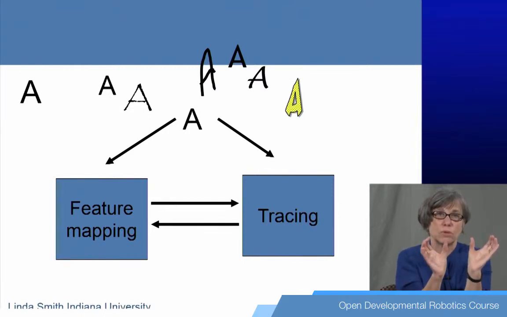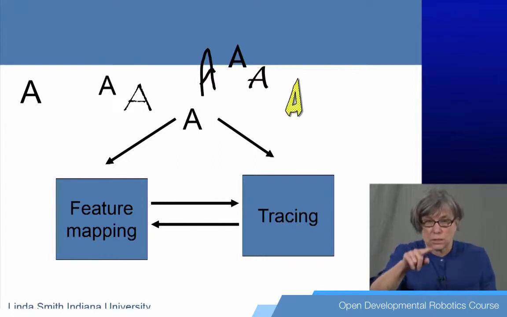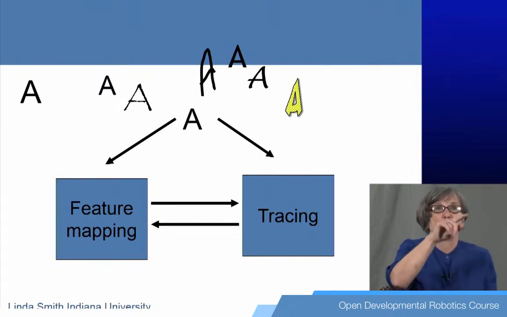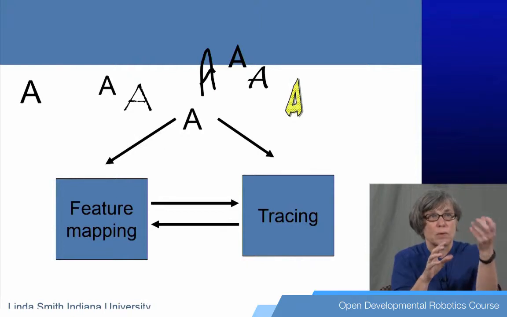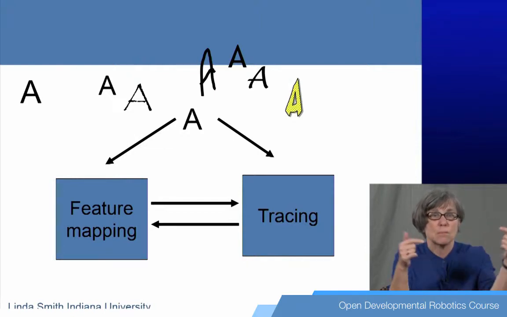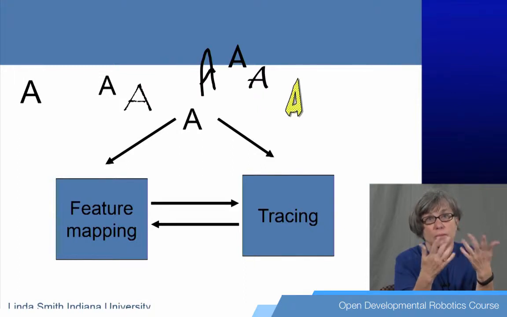But they time-locked that to a tracing one, where you might go like this. So the device would trace, and while it was tracing, it would be exciting feature maps. But these 2 systems, time-locked and connected to each other through just basic Hebbian learning, trained each other up to very abstract ability to recognize A's.